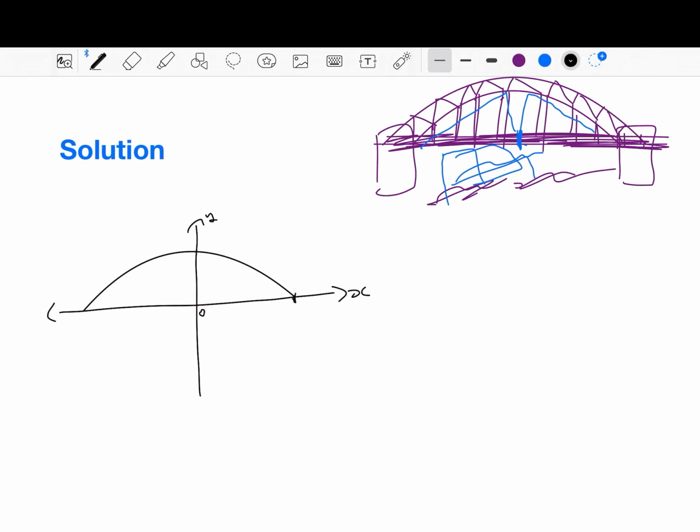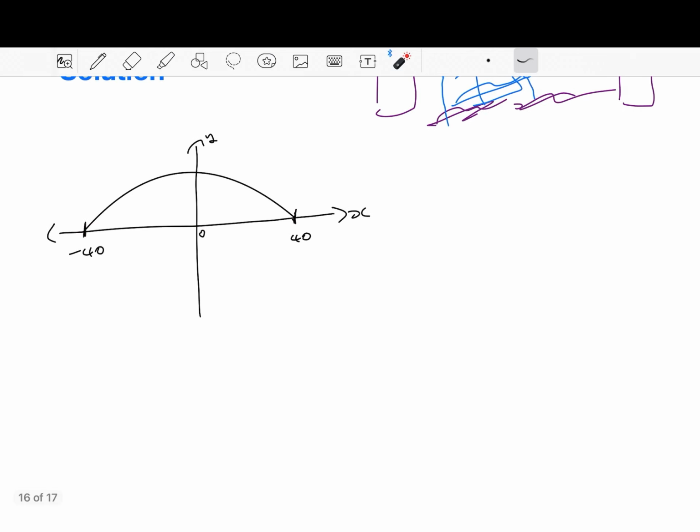So this is going to be 40, and this is going to be negative 40, because we're looking at a Cartesian plane. So positive 40, negative 40, but the distance is 40, 40.